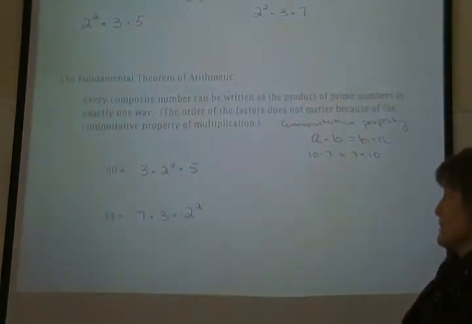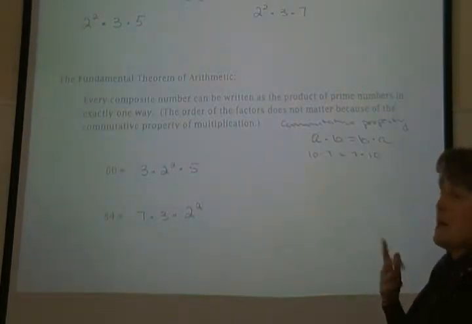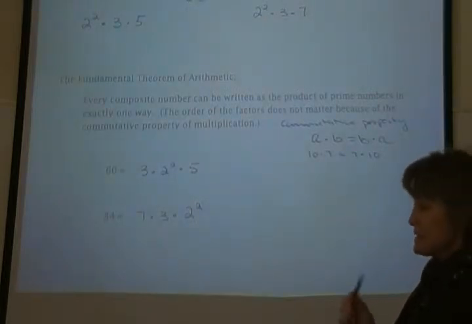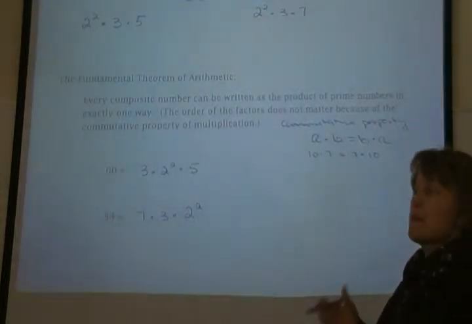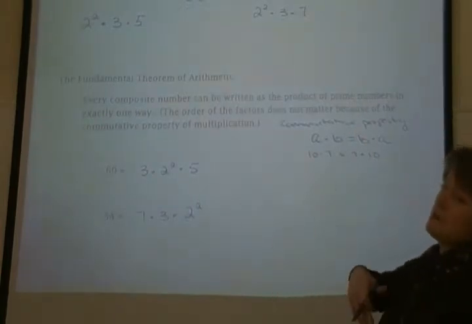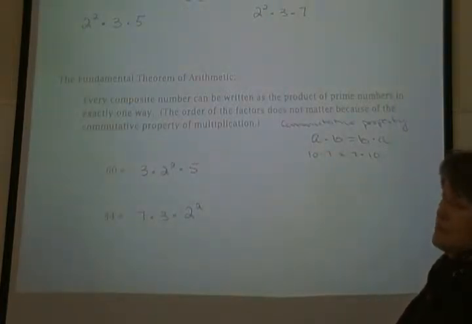Because if I marked it wrong, you could say, wait a minute, the commutative property says that it doesn't matter what order I put it in. And that's true. So that's the fundamental theorem of arithmetic. And in basic terms, you could think, I make a factor tree, Joe makes a factor tree, Karen makes a factor tree. We should all get the same thing in the end, as long as we didn't stop before we got to the prime numbers.